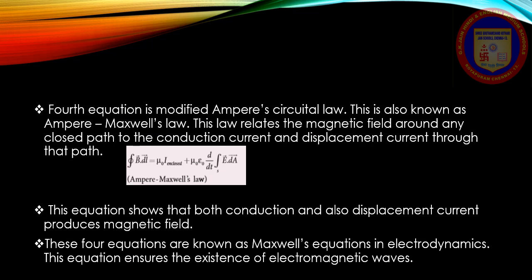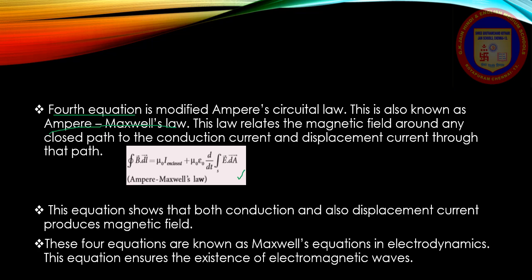The fourth equation is the modified form of Ampere's circuital law. This is also known as Maxwell's law. This law relates the magnetic field around any closed path to the conduction current and displacement current through that path. Integral of B dot dl is equal to mu naught I enclosed plus mu naught epsilon naught d by dt of integral of E dot dA, where B vector is the magnetic field.